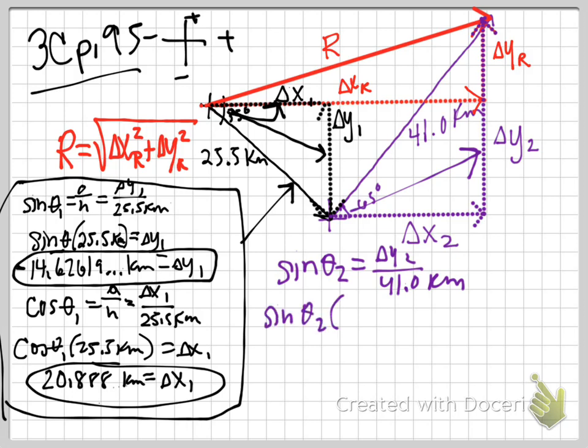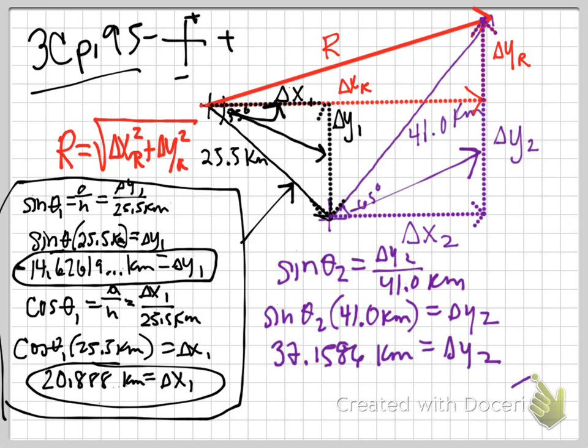Sine of theta 2 times 41.0 km equals delta y2. What do we have for a raw number? Okay, so we've got 37.1586, etc. That is our delta y2. Positive or negative? Positive. And that's where making sure you have heads on your vectors, arrows on your vectors, really, really helps.